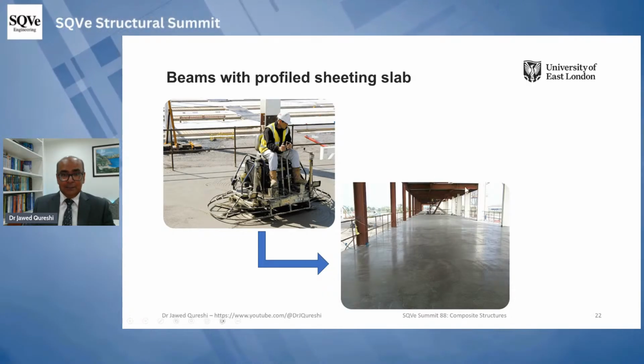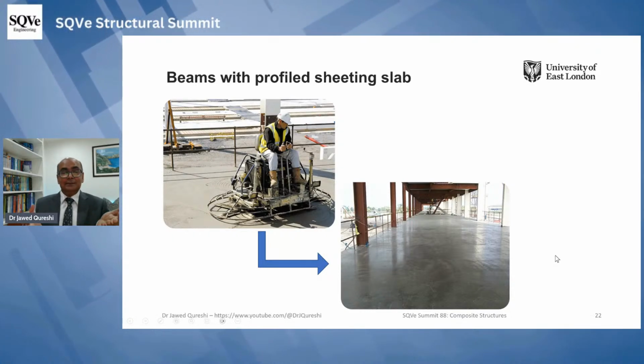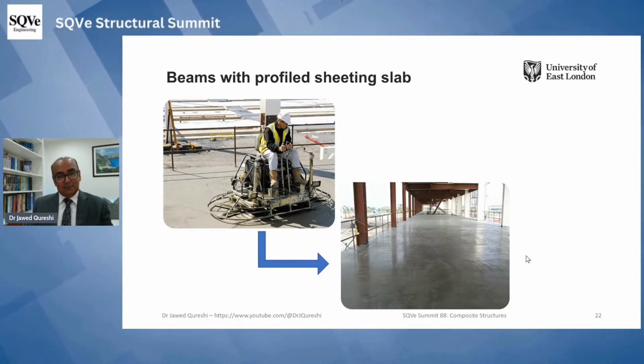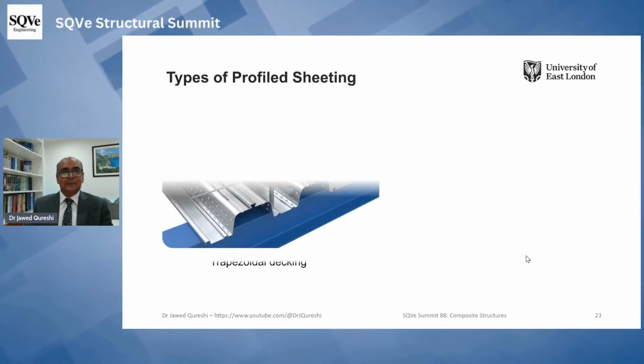And then finally, you will have this surface on top. You wouldn't even realize that underneath that you have metal decking. And then after it hardens, it is ready to receive service loads.